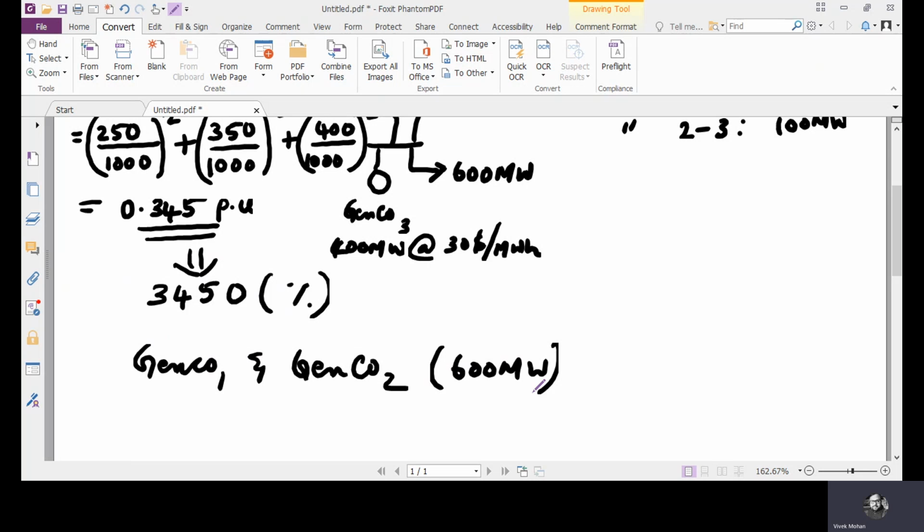We know that 100 megawatts is the only line limit allowed for lines 2-3 and 1-3. So 200 megawatts is the maximum power that can be imported from buses 1 and 2 to bus 3, right, because the load is connected at bus 3. So remaining is 400. 600 is the total load. 200 can be imported from 1 and 2.